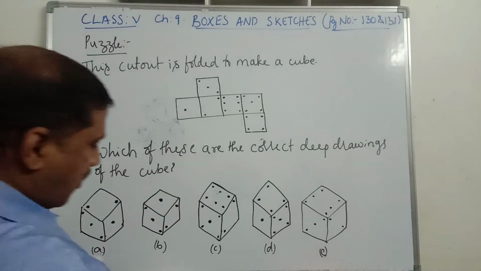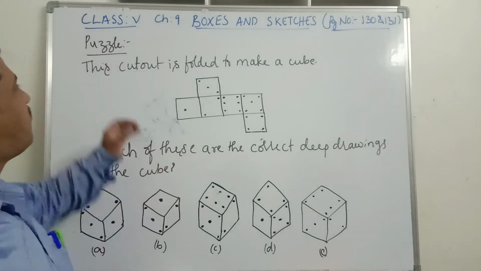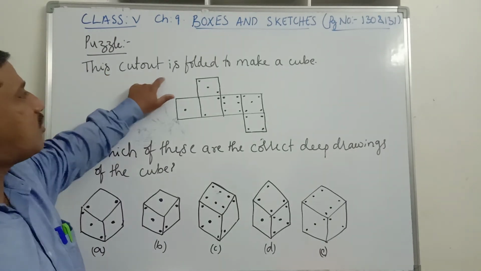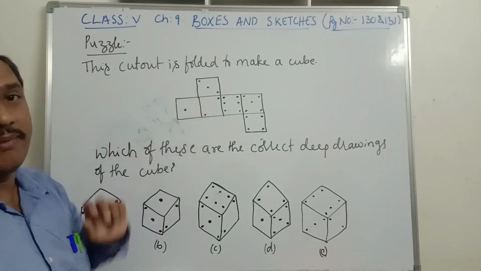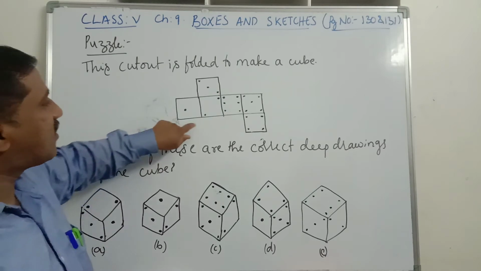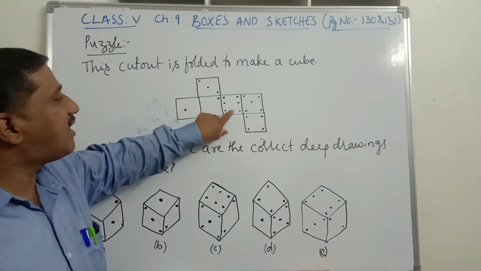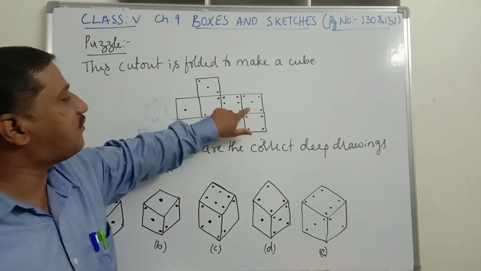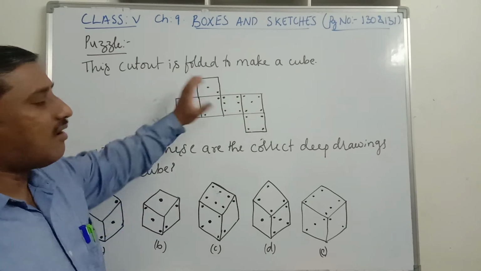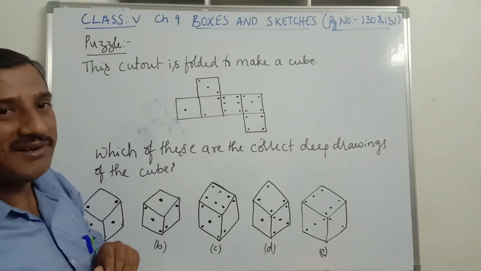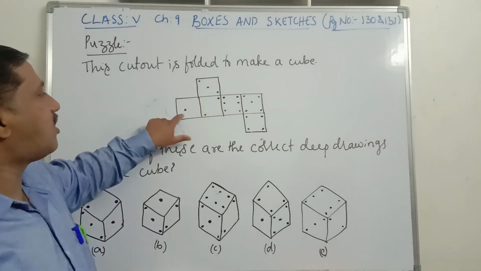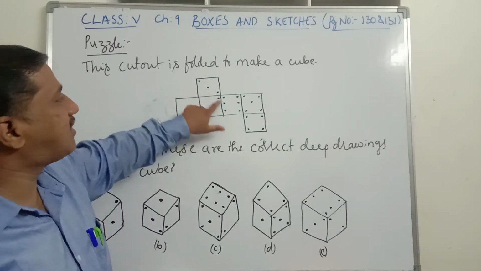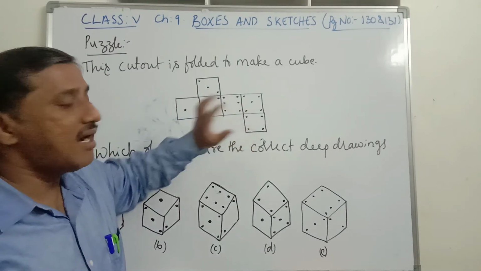Now on page number 131 there is one puzzle. This cutout is folded to make a cube. Here count, 6 square faces are there: 1, 2, 3, 4, 5 and 6. On all the 6 faces we have some dots: 1 dot, 2 dots, 3 dots, 6, 5 and 4 dots.